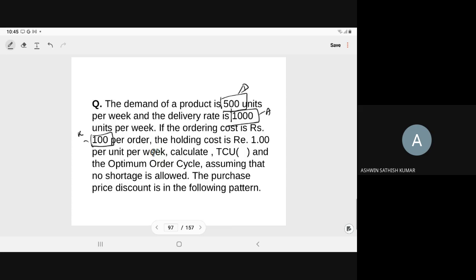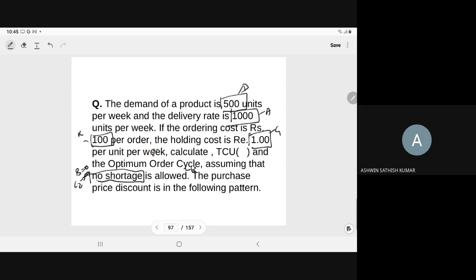The holding cost is rupee 1, given as C1, per unit per week. Calculate the TCU and optimum order cycle, that is T naught star, assuming no shortage is allowed. No shortage allowed means B is equal to 0 and C2 tends to infinity.